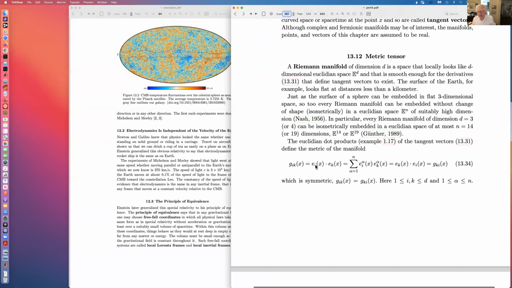You see, if we're embedding this 3 or 4 dimensional Euclidean space in a higher space of n dimensions, just as we normally think of an ordinary sphere like the surface of a balloon. We think of that surface as embedded in three-dimensional Euclidean space, the space we live in.